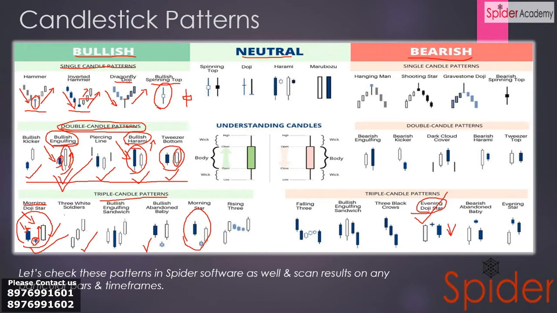ओके, नेक्स्ट पैटर्न इज 3 व्हाइट सोल्जर्स. अब इसको 3 व्हाइट सोल्जर्स क्यों कहते हैं? देयर आर 3 बुलिश कैंडल्स. ओके, ये भी एक ऐसा पैटर्न होता है कि आपका एक पहले बेरिश ट्रेंड हो, उसके बाद ये 3 कैंडल्स अपीयर हो वहां पर. ओके, so it is the same thing. I'll erase few things from here.